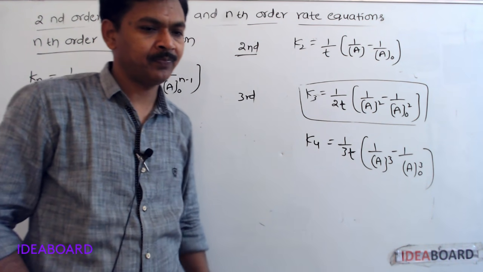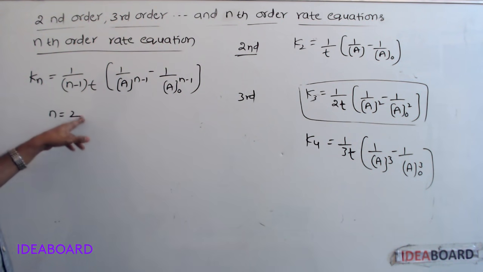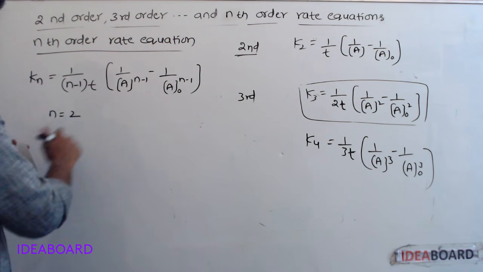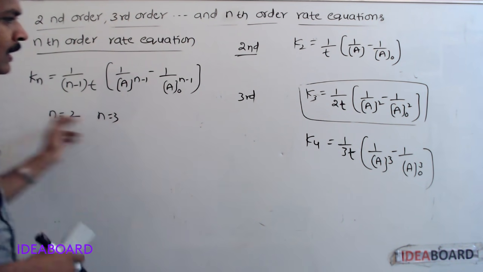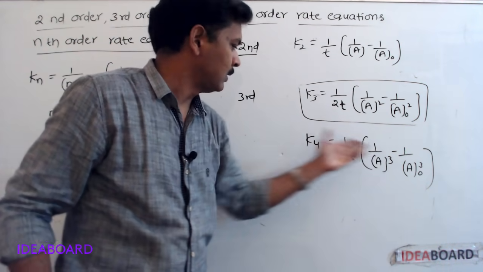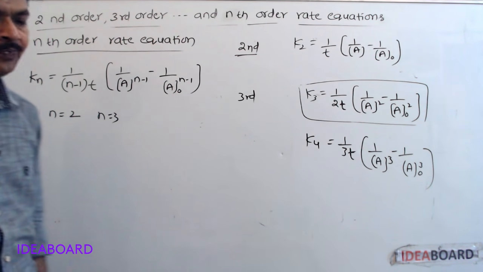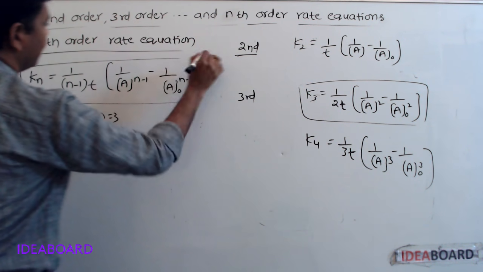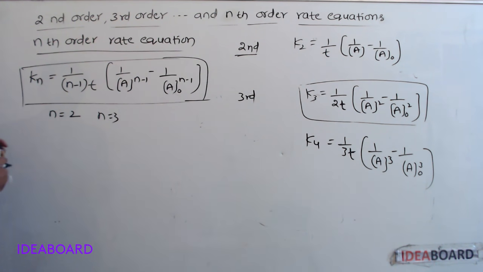We'll get this equation. If we put n is equal to 3, we'll get this equation. N is equal to 4, we'll get the rate equation for fourth order reactions. So this is the general integrated rate equation for nth order reaction.